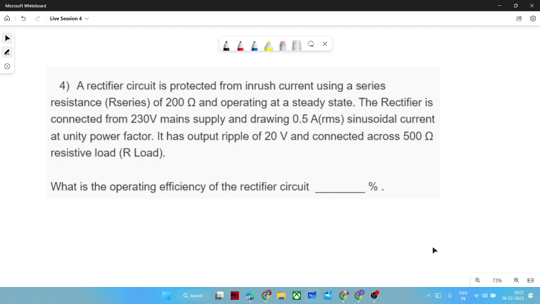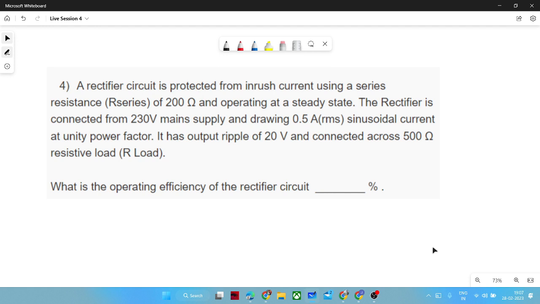In the input power, I have to take V in and I in, which would give me the input power, V_m into I_m by 2. Yes, you are correct, V RMS into I RMS. The I square R loss in the 200 ohm should also be taken into account, no?